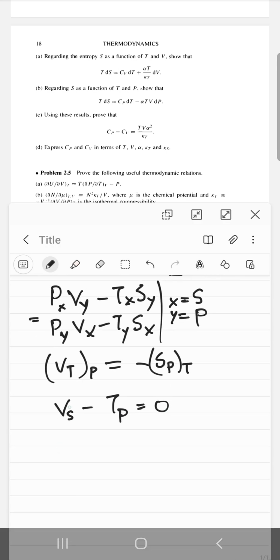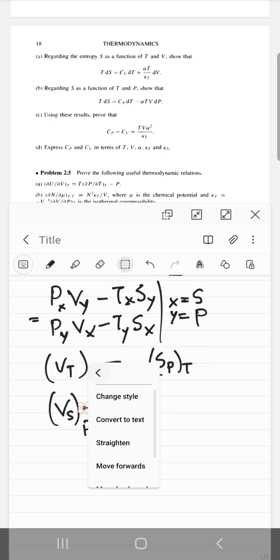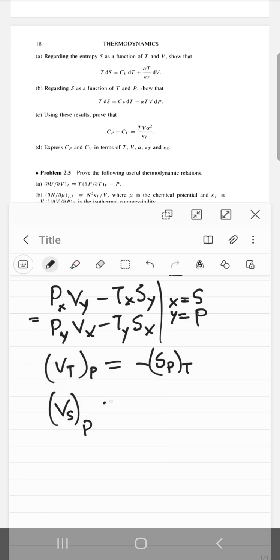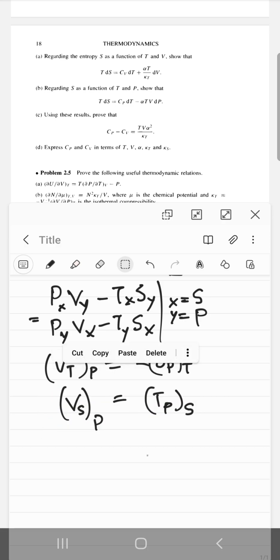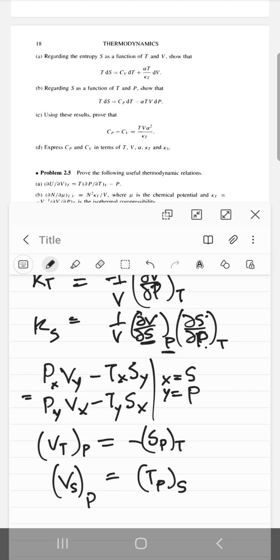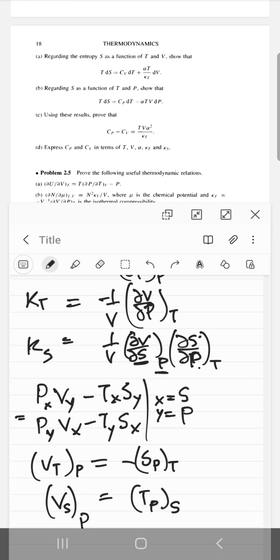So basically you're saying V sub S at constant pressure is equal to T sub P at constant entropy. Okay, that makes sense. That's another equation, and we must have used this to get this. So it must have been partial T by partial P at constant entropy first. Yeah, okay, that makes sense.